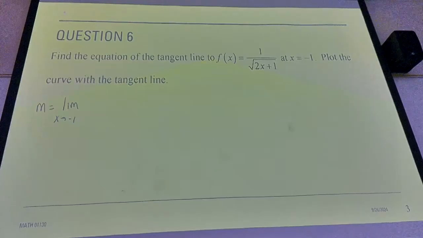Limit as x approaches -1 of f of x minus, what's f of -1? Uh-oh. Undefined.